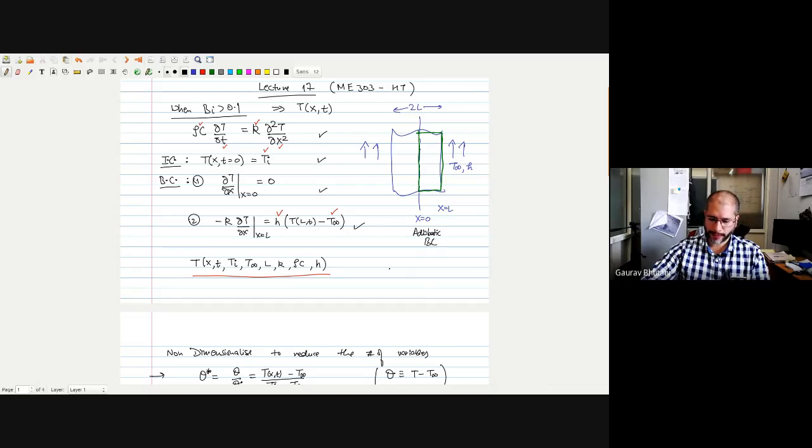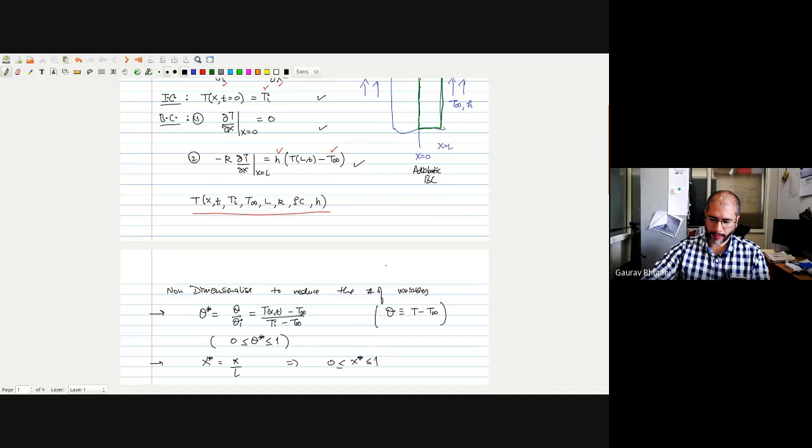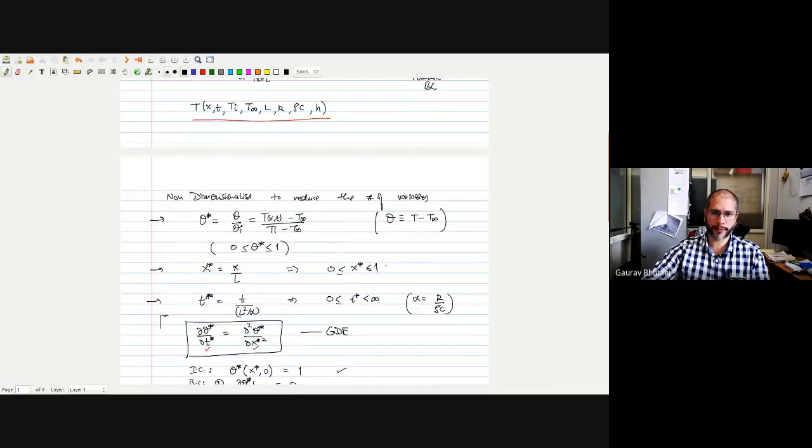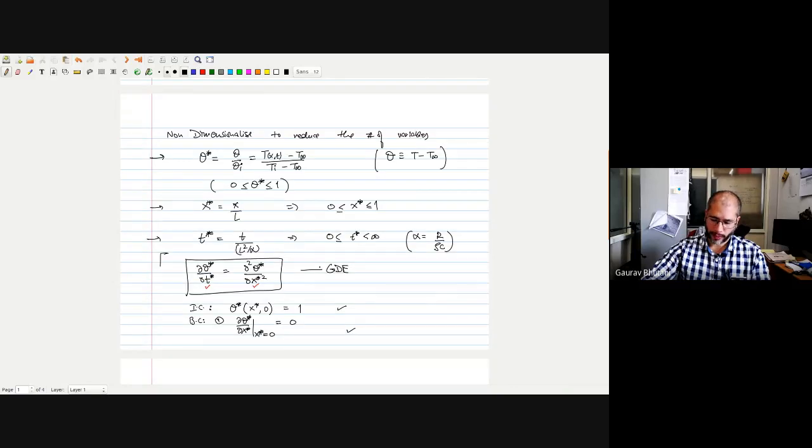Then we non-dimensionalized the system to reduce the number of independent variables, and finally we saw that our theta star, the variable of interest, that's T minus T infinity divided by Ti minus T infinity, is between 0 and 1, and our x star, the non-dimensional length, is also between 0 and 1.